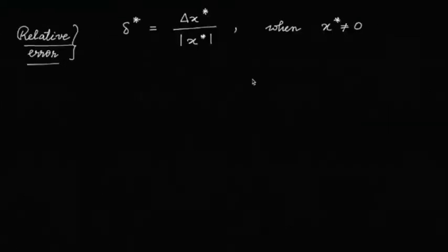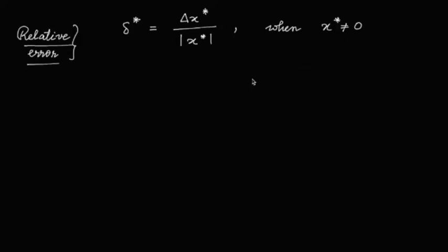In that context, delta star is always dimensionless. Nevertheless, as I said and try to emphasize again, when you put a number into a computer, you must make sure that it's dimensionless.